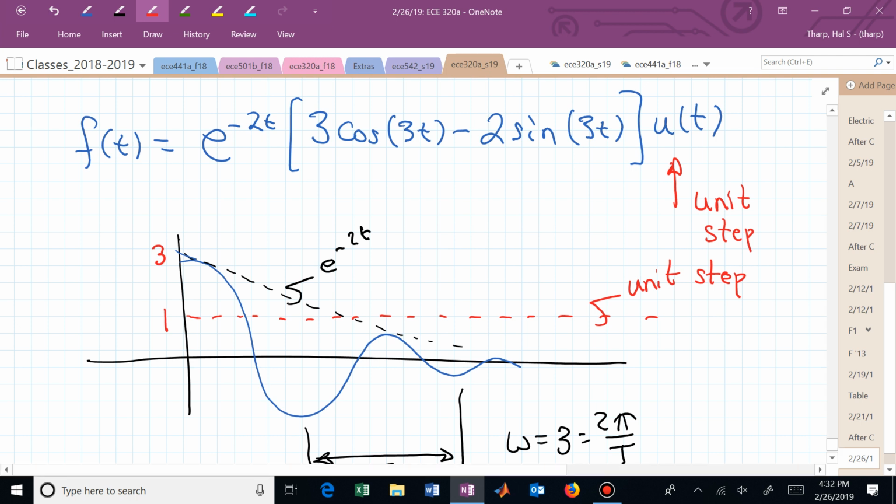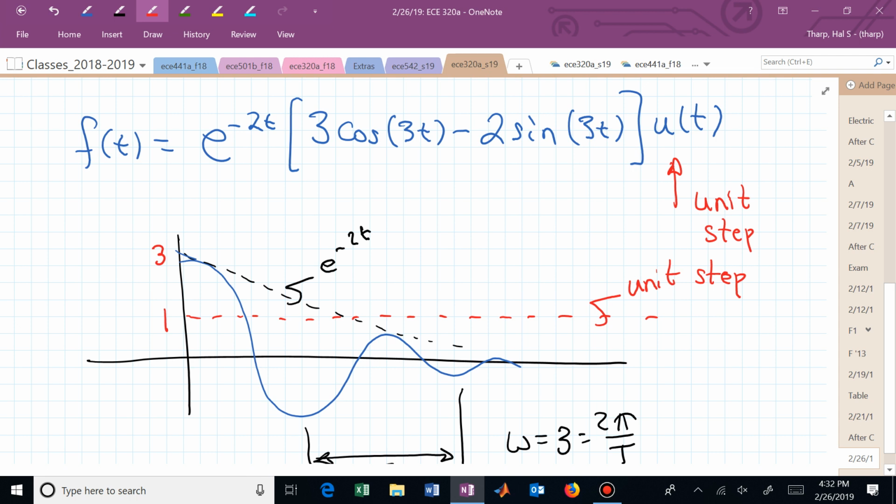But here's the unit step, and do you see that if I have it active, if it multiplies 3 e to the minus 2t cosine of 3t, I only see this non-negative time portion of e to the minus 2t 3 cosine of 3t?